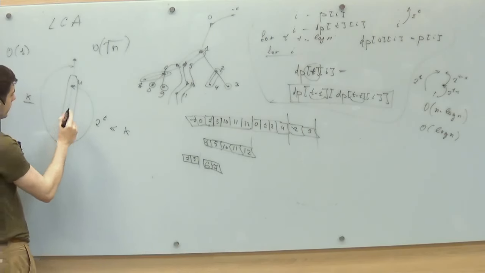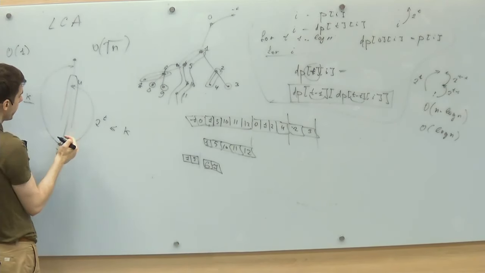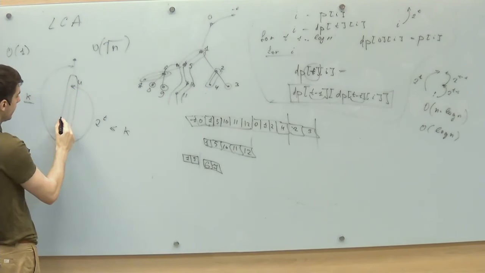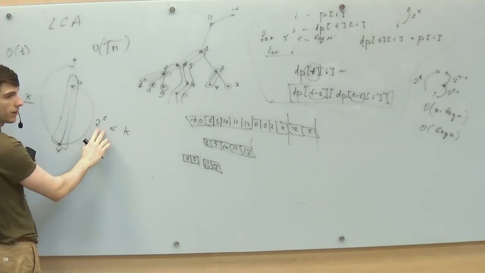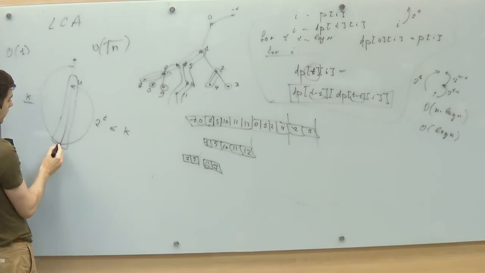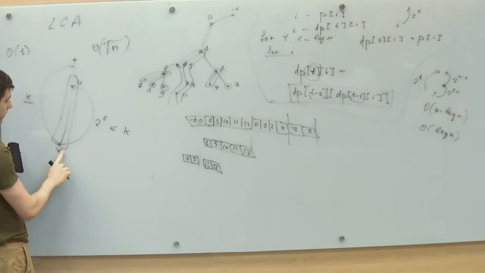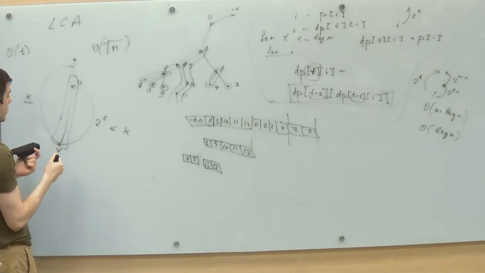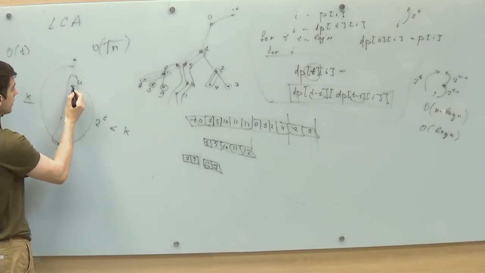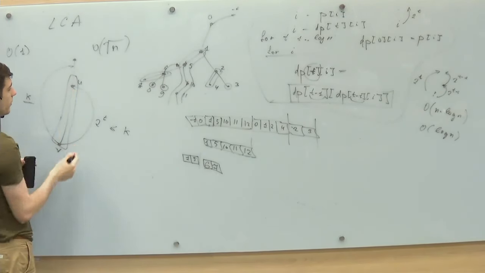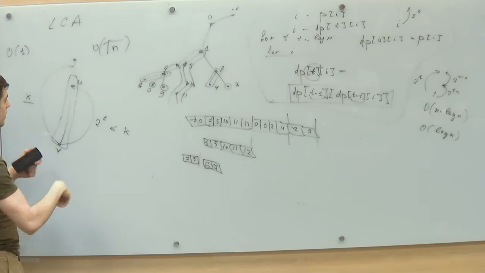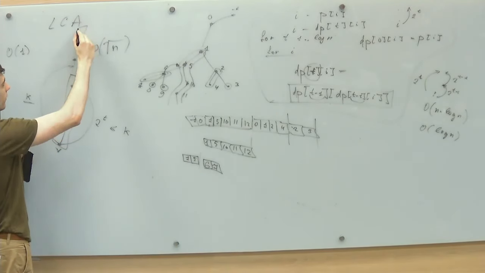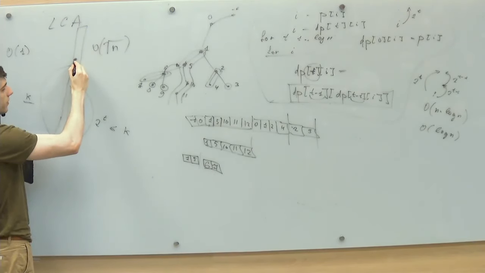But we know that the longest path starting from this vertex is at least 2 power t, because we had this deep vertex which we stepped from. So this guarantees us that this subtree is deep enough. So in this longest path we will have an adjustment of enough size to have this vertex.